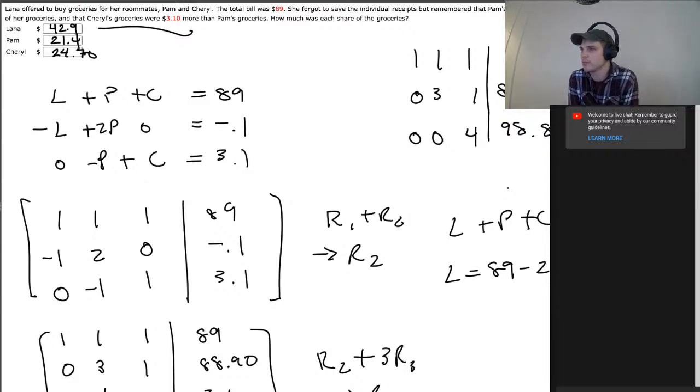Oh, I think I made a mistake there. 88.90, 9.30. I think that's where I made it. So when I did this operation, I just multiplied incorrectly. And so this is 98.20. And so this will be super easy to fix.